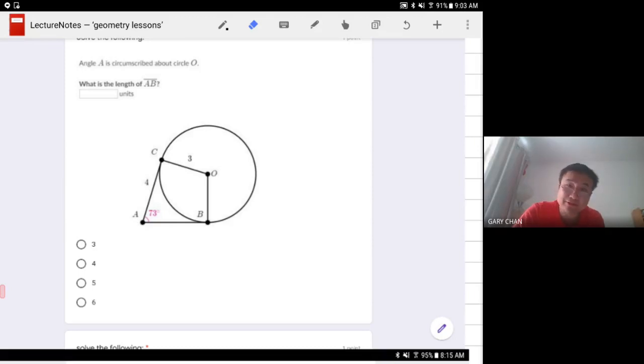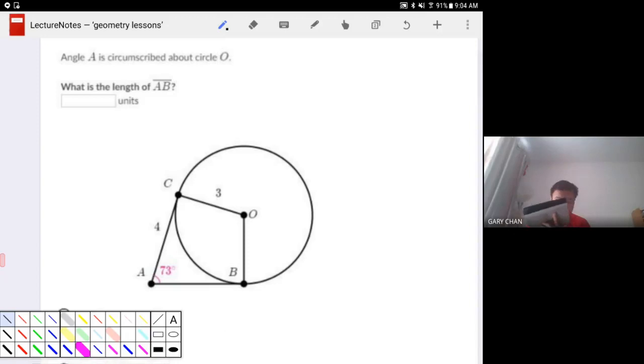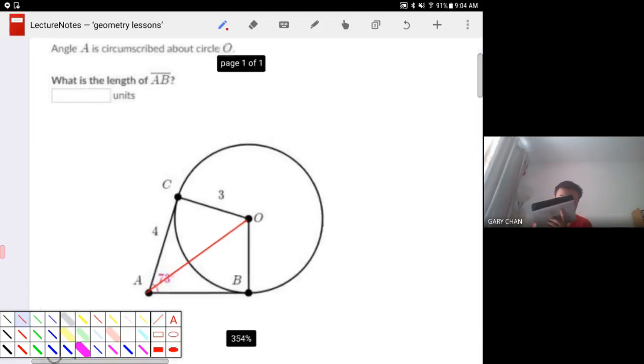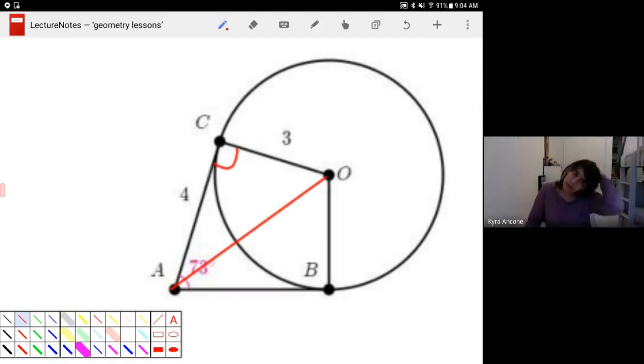Kira, you weren't here yesterday, but we established that the tangents are going to be the same length. And this is no black magic. If I draw a line right down the middle here, Kira, what angle is formed between a radius and a tangent? 90 degrees.